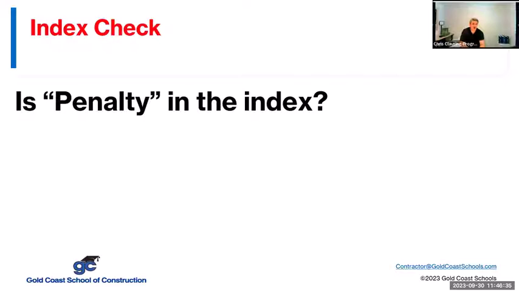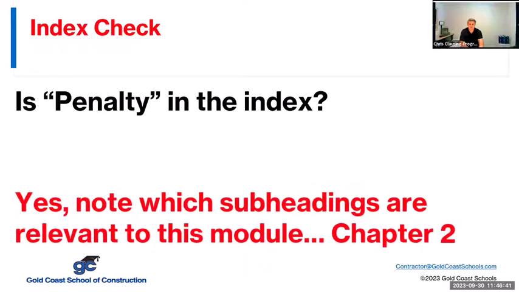Is penalty in the index? Yep, it is in the index, for which subheadings are relevant to this module. So in this case, you want to go just to the ones that are relevant to chapter 2.